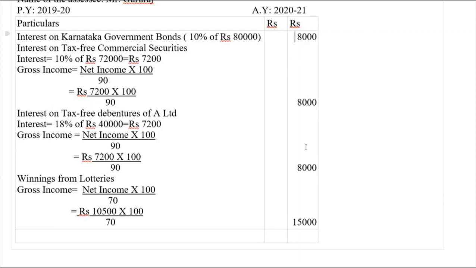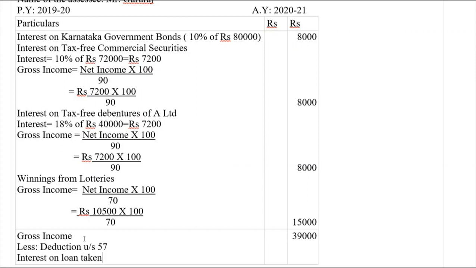Now let's take the total: 8 plus 8 is 16, 16 plus 8 is 24, 24 plus 15 is 39. So gross income comes to rupees 39,000. Then from this, let's deduct, less: deduction under section 57. Interest on loan taken for purchase of securities is rupees 1,000.